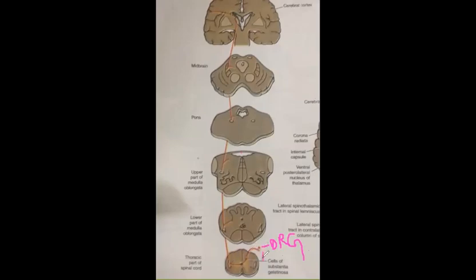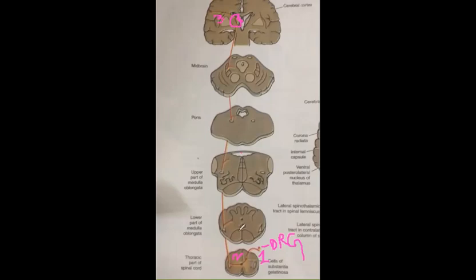So this is your first order neuron, but this little buddy inside the spinal cord is your number 2, and this number 2 is going from here to here, to your thalamus, and then from here to here, this is your third neuron.